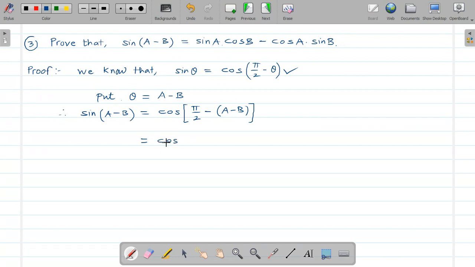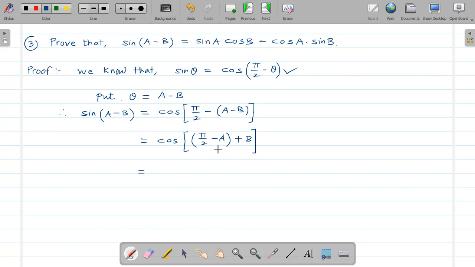Now see the RHS here. I will rewrite this RHS as cos of, keeping pi by 2 minus a together, and minus minus, this is plus b. This is a very important step, that is cos of, in bracket, pi by 2 minus a, plus b.